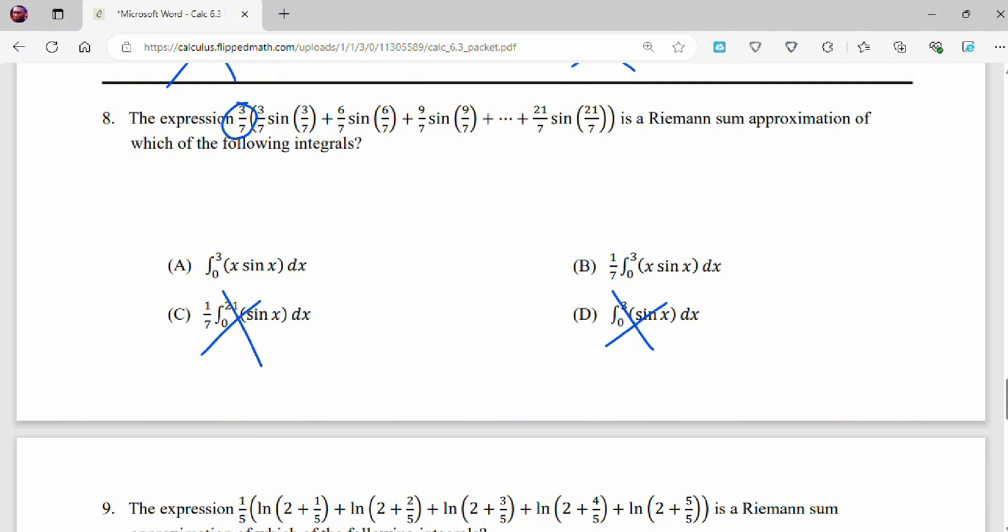And so we ignore that, however, we're going to ignore the 7 because it has nothing to do with the function. What's changing is the x and the sine x. So we can eliminate B as 1/7 has nothing to do with the function. And so I hope that makes sense.